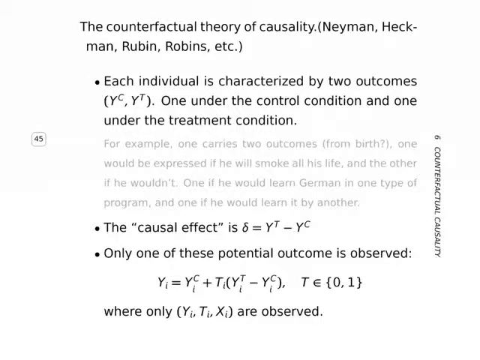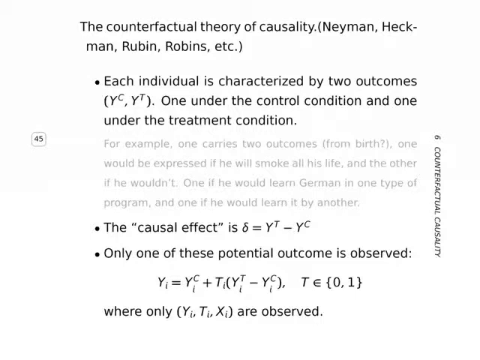The model more or less says that each individual is characterized by two outcomes, YC and YT: the outcome if he belongs to the control condition, and the one if he belongs to the treatment condition. Of course, everyone can participate in either the control or the treatment condition. The causal effect is the difference between YT and YC.